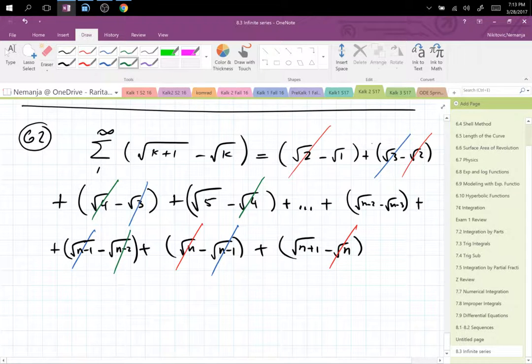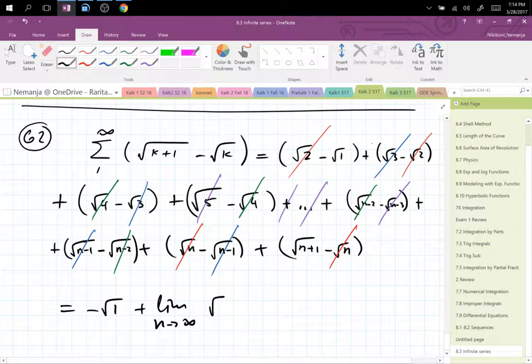You have n minus 2, n minus 2. And then you know that these guys will also cancel because the pattern shows. So what's left? The summation, the entire thing, is equal to negative square root of 1 plus the limit as n goes to infinity of the square root of n plus 1, which is 1 plus infinity, diverges.